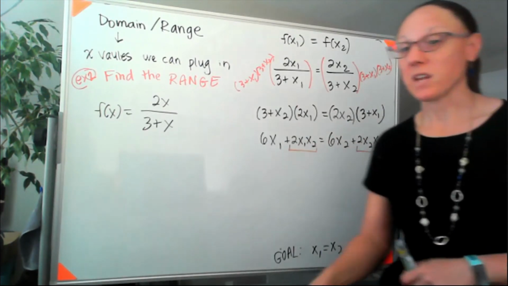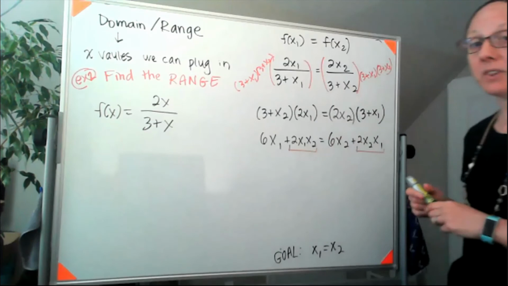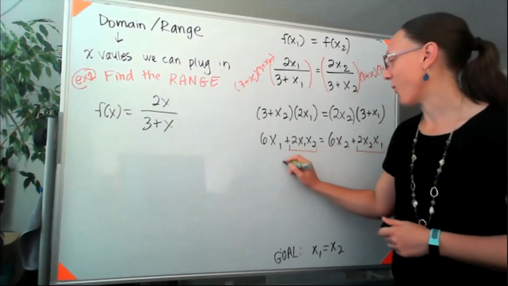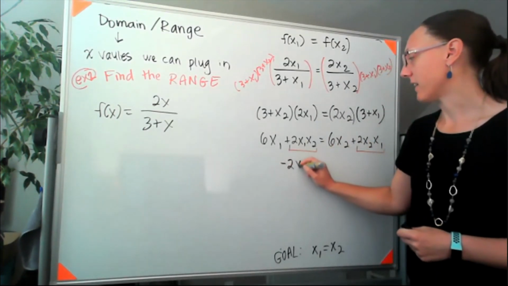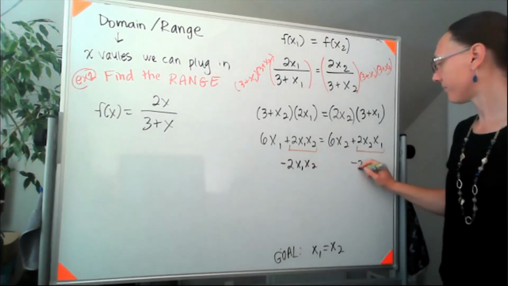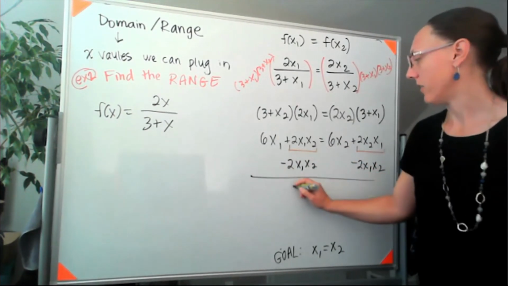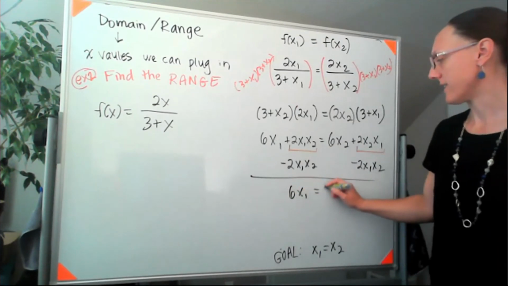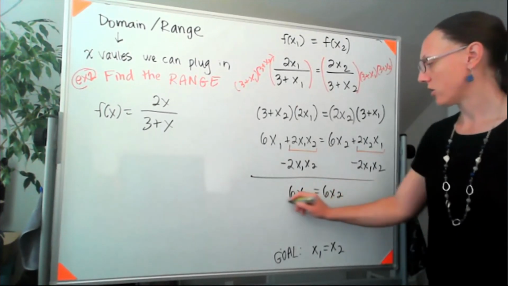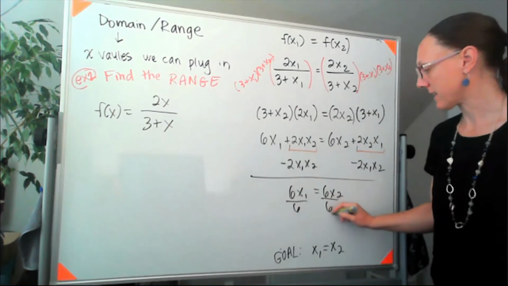I've got it on both sides, so when we subtract them from both sides, it's going to go away. If I subtract a negative 2x1 x2, then I'll have 6x1 is equal to 6x2, which means I can divide both sides by 6.